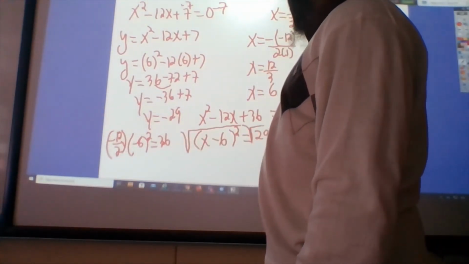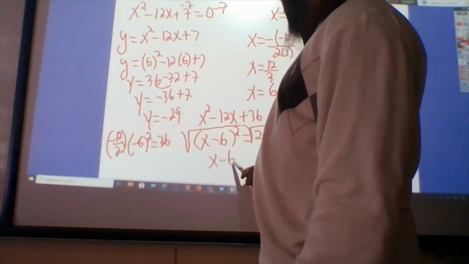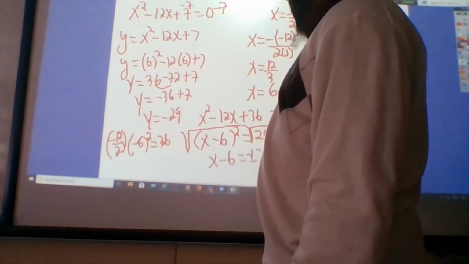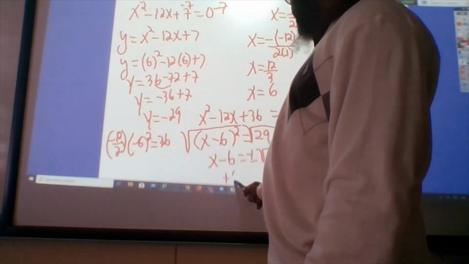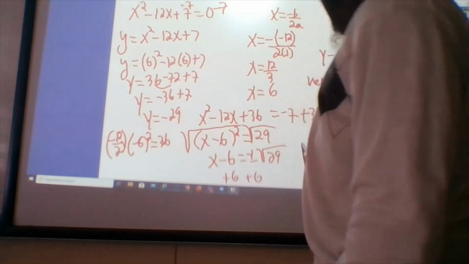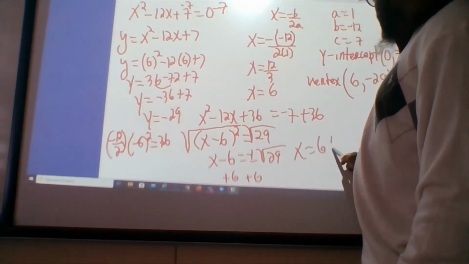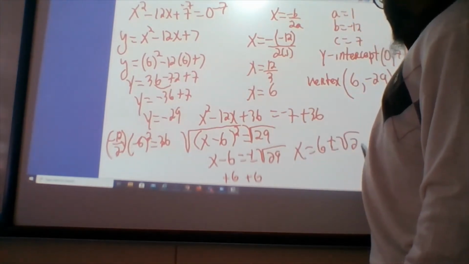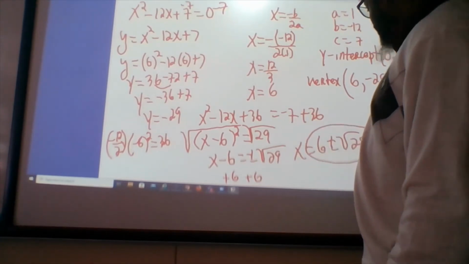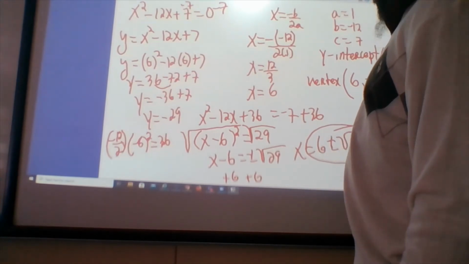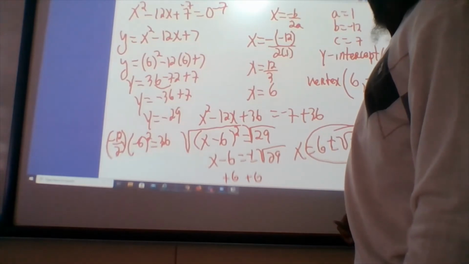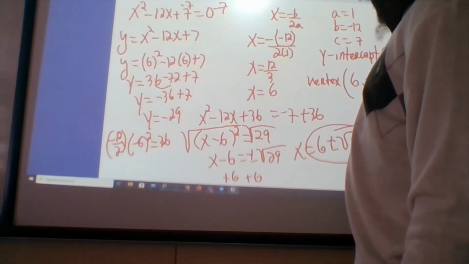Then my x-intercepts are 6 plus or minus the square root of 29. In order to graph this, you will have to change that to a decimal and evaluate what the square root of 29 is. It's about 5 point something, because it's greater than 25, which gives you 5, but less than 36, so it's between 5 and 6. That would be the first thing to do.